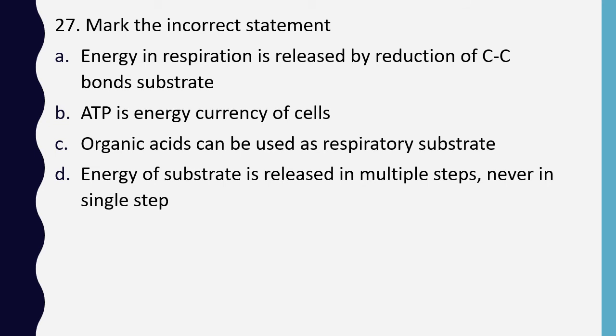Energy in respiration is released by reduction of C-C bonds of substrate. ATP is the energy currency of the cell. Organic acids can be used as respiratory substrate. Energy of substrate is released in multiple steps, never in a single step. You have to mark the incorrect statement. The answer is statement A is incorrect. Energy in respiration is released by oxidation of the C-C bond and not reduction.